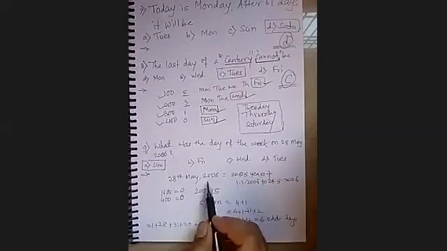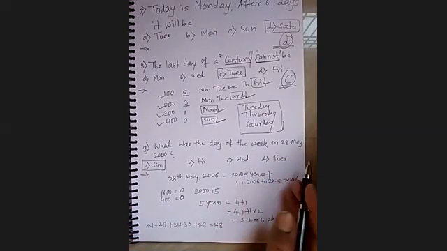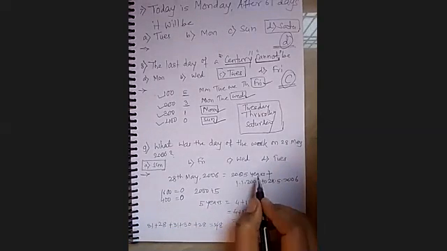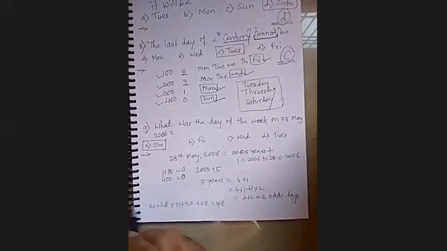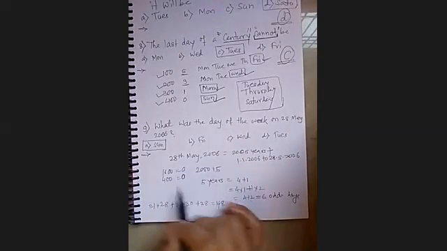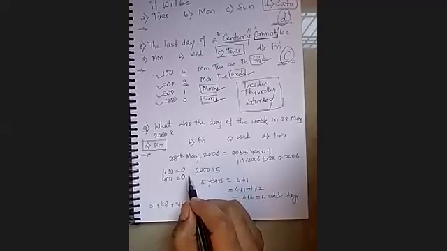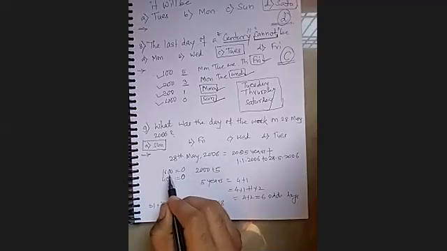So 28th May 2006 is written as 2005 years plus the period from 1st of January 2006 to 28th May 2006. For the first 2000 years, there will be 0 odd days. For 400 years there is 1 odd day, and the same happens with 1600.